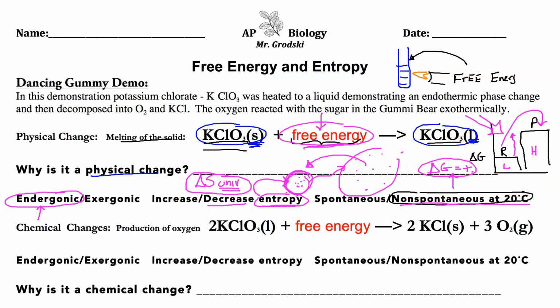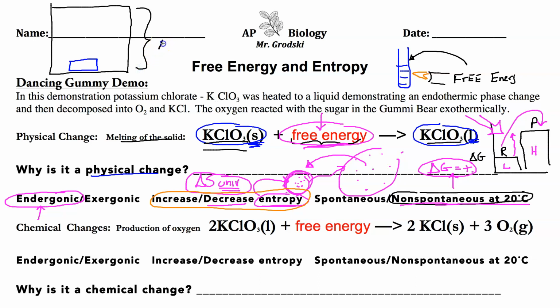So this is the trickiest part right here, because I've been teaching you to look at the particles. I taught you in class to think of the universe as a big box. It's a pretty big box. And think of the system as where we did the Gummy Bear demonstration. There are plenty of systems in the universe. Here's the one system, the one room where I was doing the demonstration. So this is the system, and this right here is the whole universe.